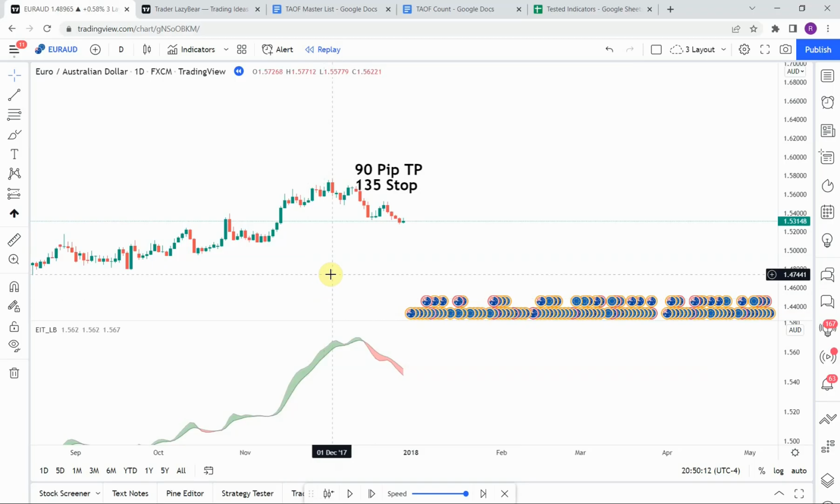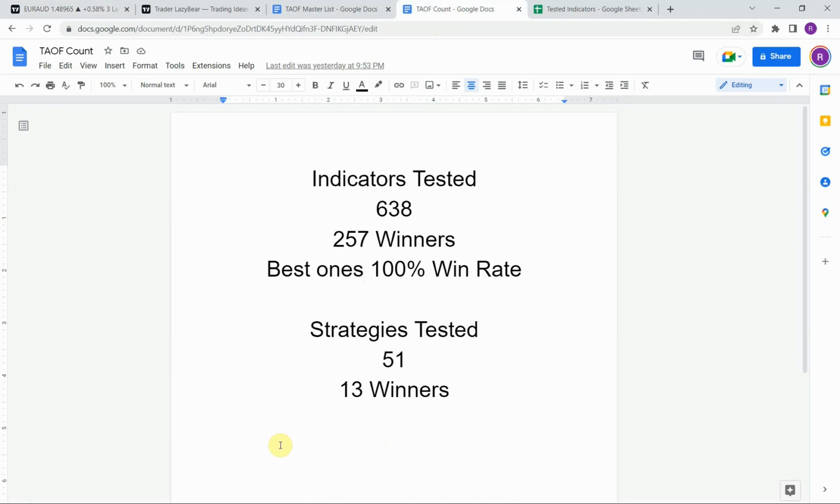Alright, as I said, today we will be testing Ehlers Instantaneous Trend Indicator. Before we do though, I wanted to put the testing scoreboard up for everyone to see. So to date, we have tested a total of 51 different strategies, with 13 of them being profitable. We've also tested a total of 638 indicators, with 257 of them being winners.